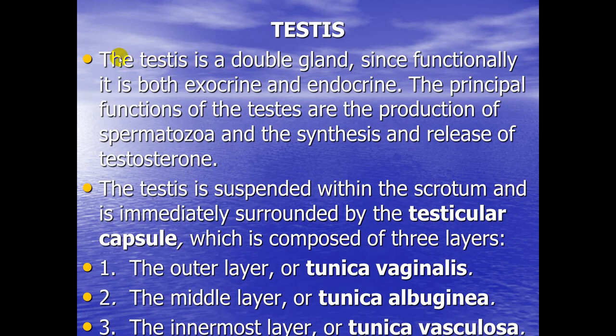This gland belongs to the peripheral endocrine system because of the presence of clusters of endocrine cells in the stroma of the organ, which produce the main male sex hormone, testosterone. That is the function of the endocrine portion. The exocrine portion's principal function is the production of spermatozoa.